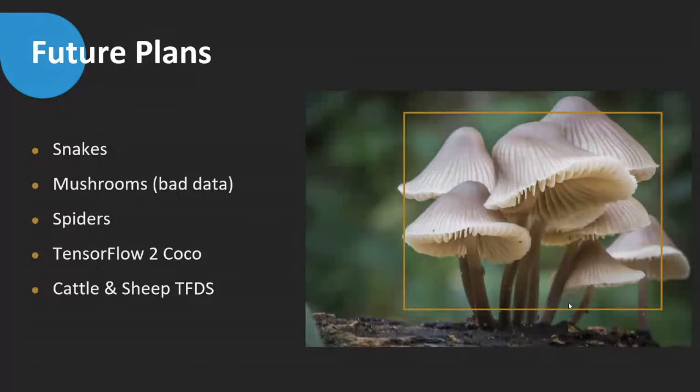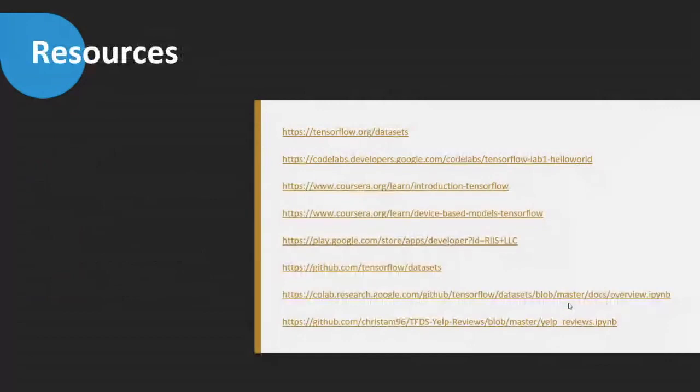Okay, lots of resources here. So the data sets, that's the URL, the Hello World Codelab, not to be confused with Colab. The two Coursera courses, which are a must if you're trying to get into this. The URL to our Google Play so you can play with the four apps that I talked about. The data sets are also up on the TensorFlow GitHub.